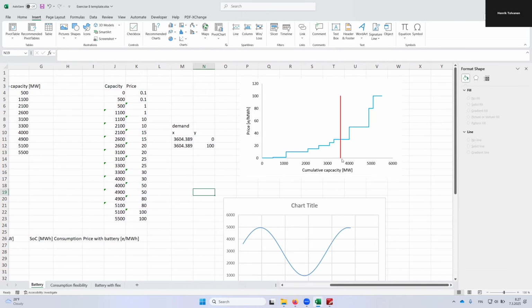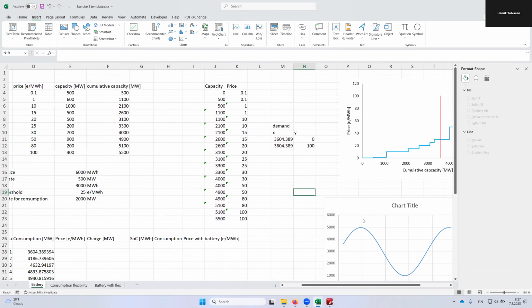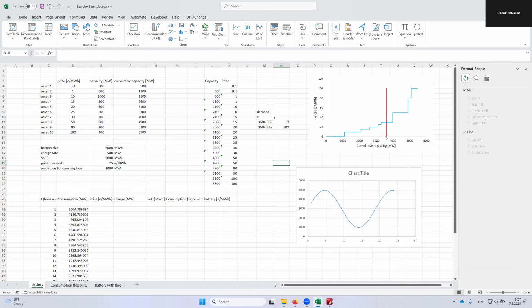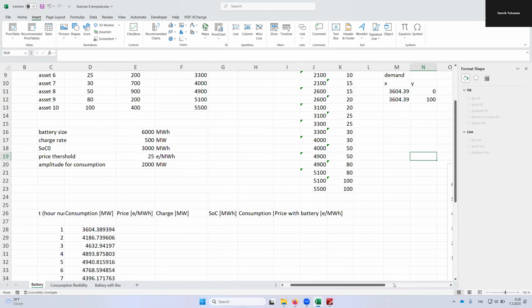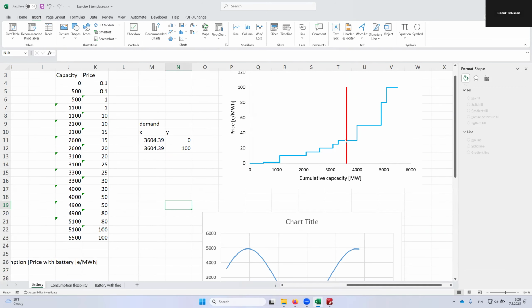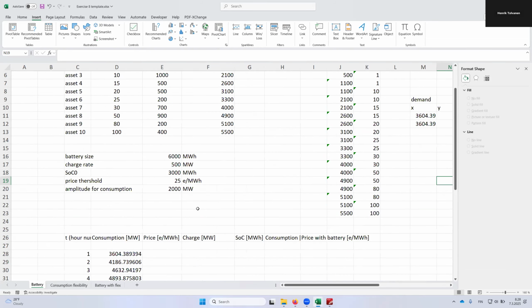So now you can see the inelastic demand bidding curve. All of the customers are paying just one price for the consumption, and where the crossing of these functions is, that determines the system price.